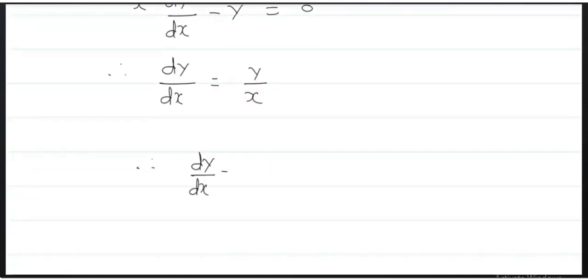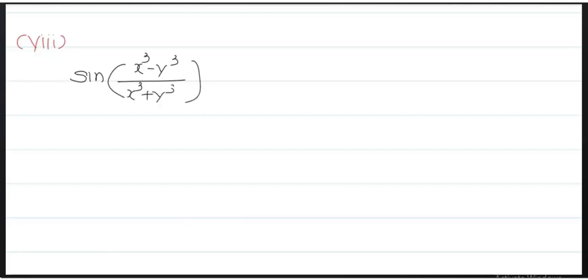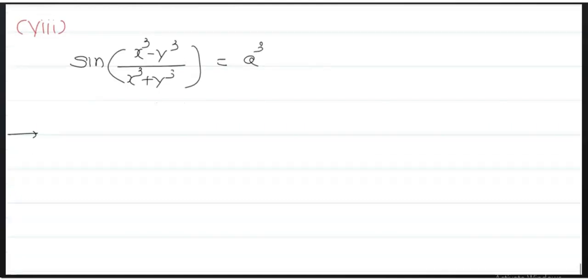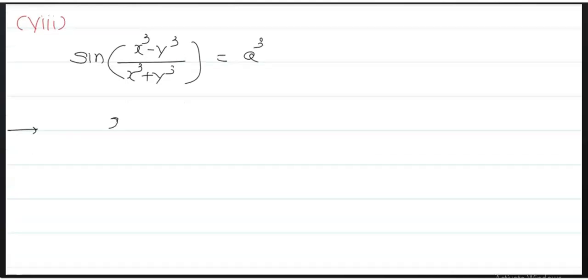Now the next is the 8th one. Sine of (x cube minus y cube) upon (x cube plus y cube) is equal to a cube. In the previous example, the power is I think 7, but I had solved by using the 2. You can solve also with 7, the answer is the same.